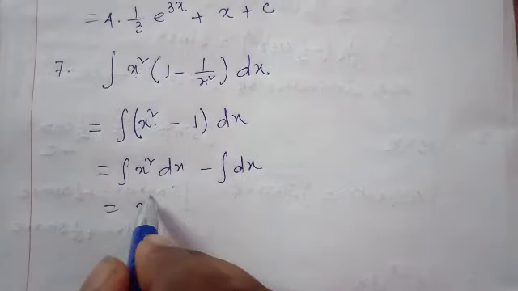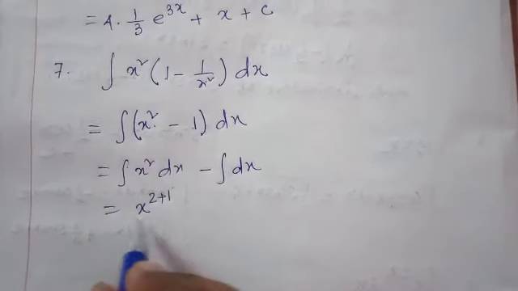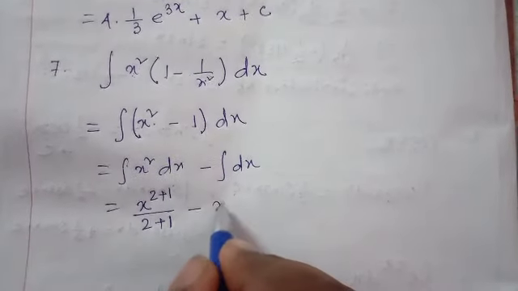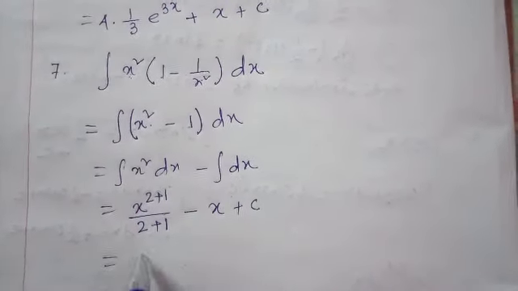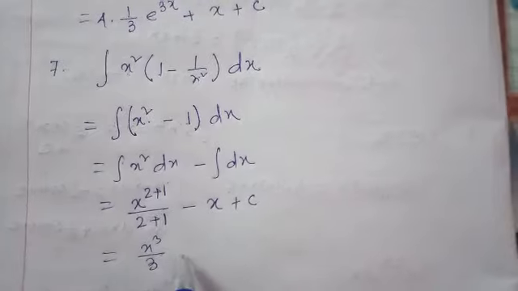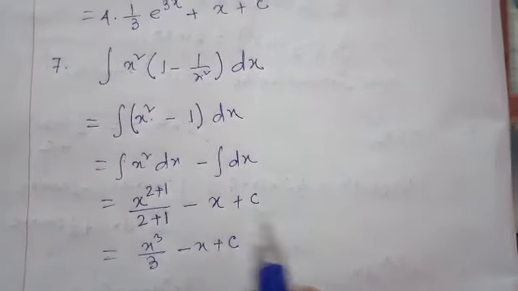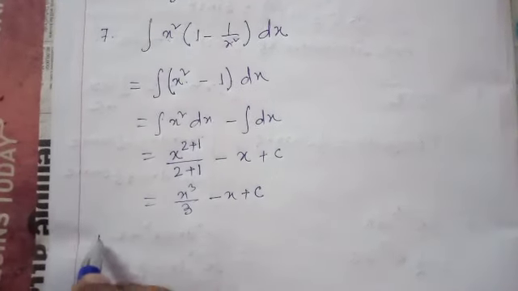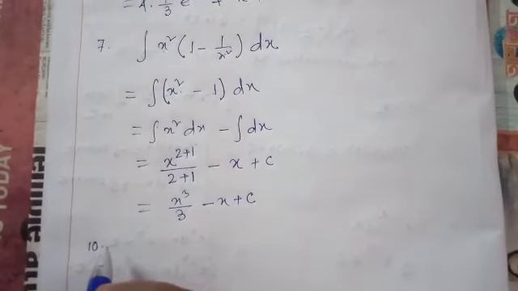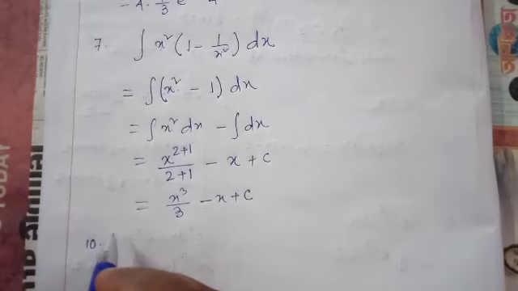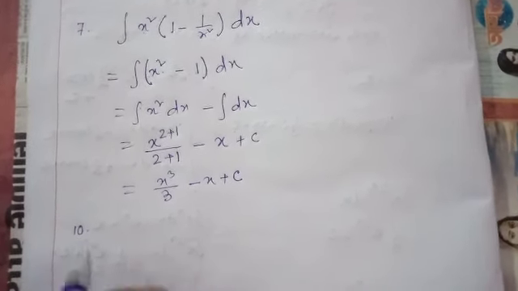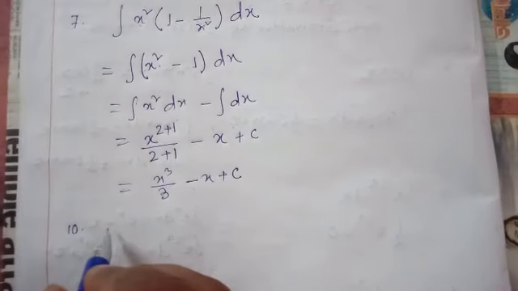So x to the power n plus 1 by n plus 1, here 2 plus 1, that means 2 plus 1, here minus x plus c, x cube by 3 minus x plus c. Okay. Next I move to the question number 10 and 8, 9 I leave it for you. Okay, so now I move to question number 10.